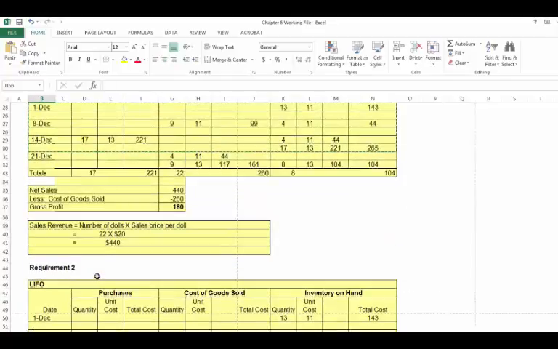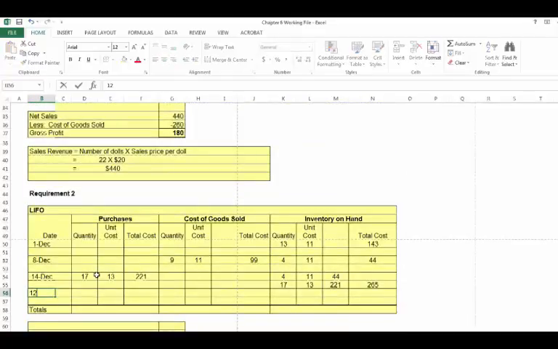What's going to change is on December 21st, when we sell those 13 units, now we're using LIFO, last in, first out. So here we have to go from the bottom layer of our inventory. All 13 units we sell are going to be from the ones that cost us $13.